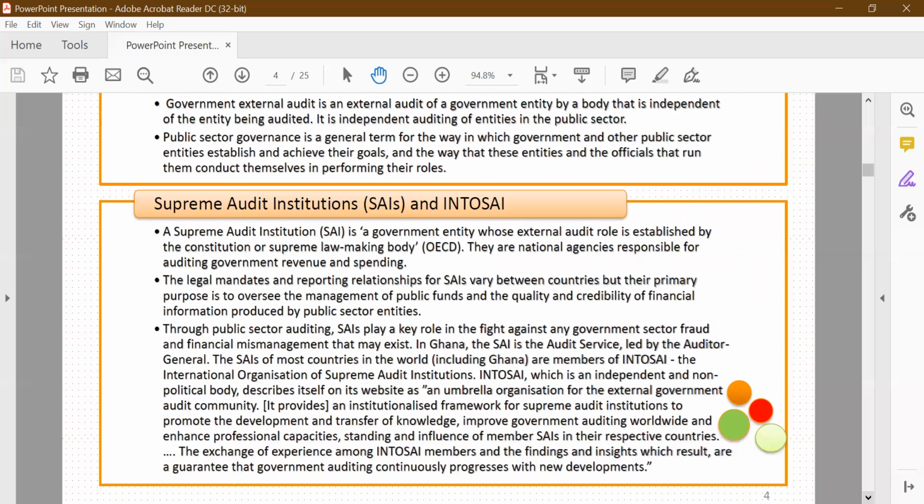One of the key things that this body provides is the exchange of experience among members. So when these supreme audit institutions encounter any findings or new insights, they share, and it serves as a learning for the members. All right, so this organization continues to progress with new developments.